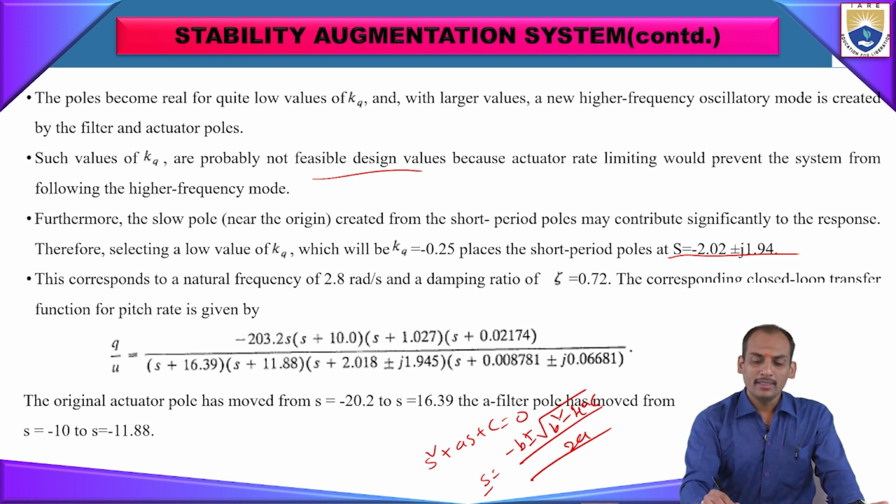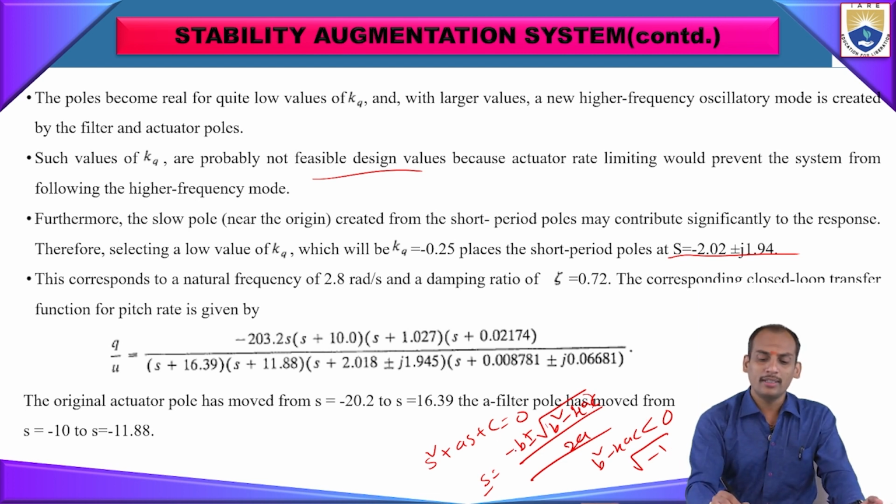But if b square minus 4ac is less than 0, then we get an imaginary value, like the root of minus 1 or minus 2. Then it will be minus b plus or minus j1 or j2, like that.